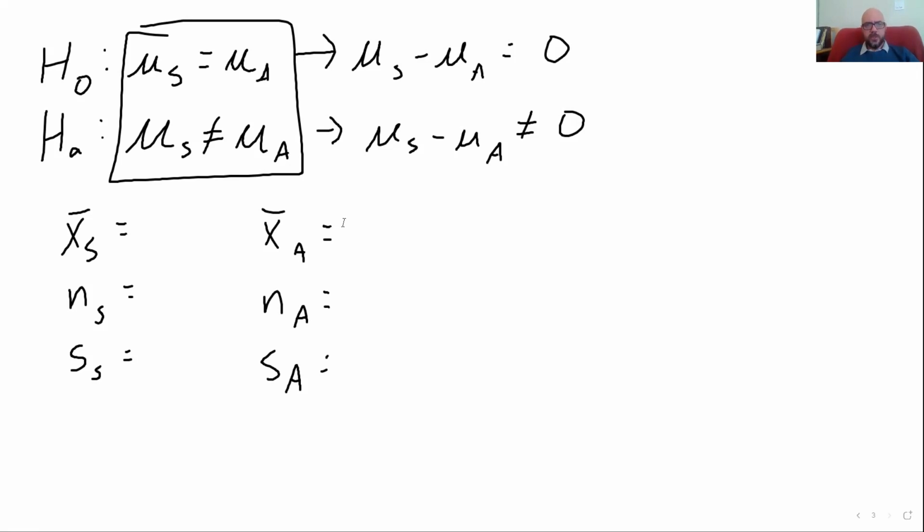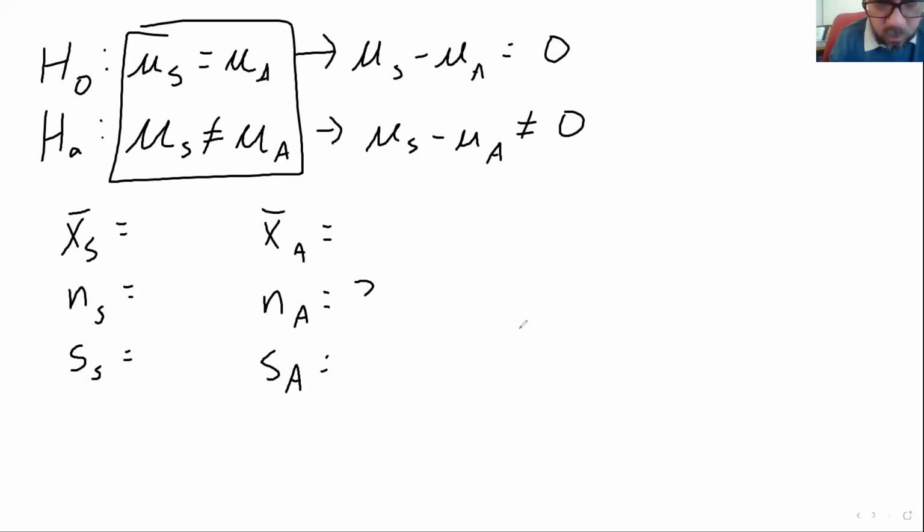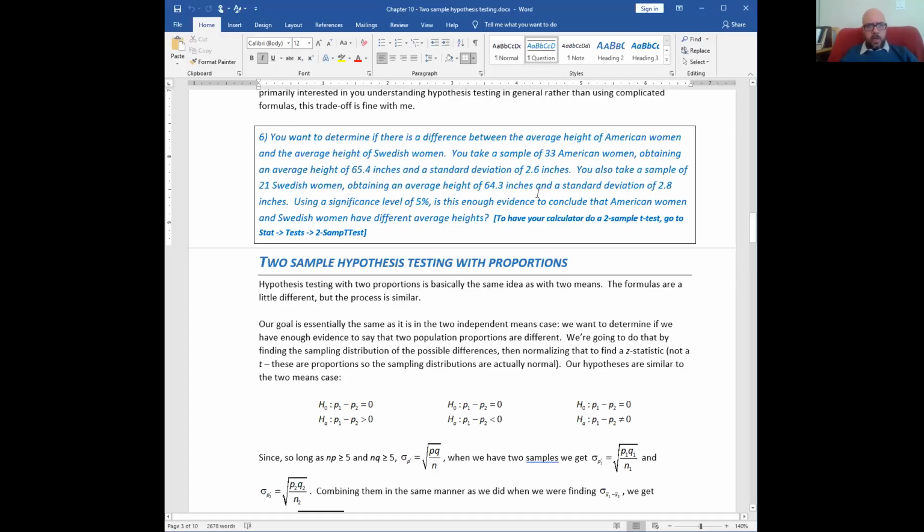American women, I had 33 American women, average height of 65.4, standard deviation of 2.6. Let's write that down. Those are the A's: 33, 65.4, and 2.6. And then for the Swedish women, we had n of 21, average of 64.3, standard deviation of 2.8.